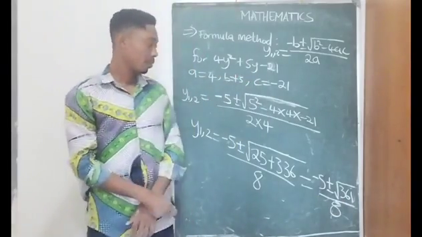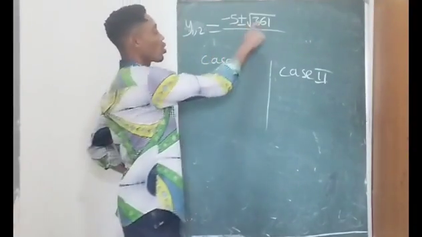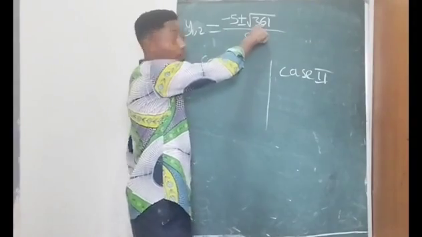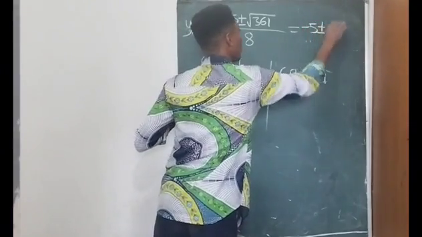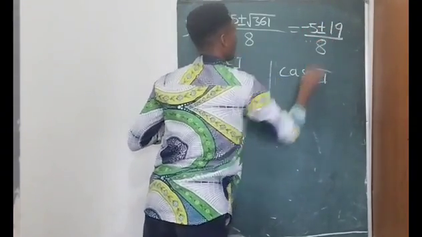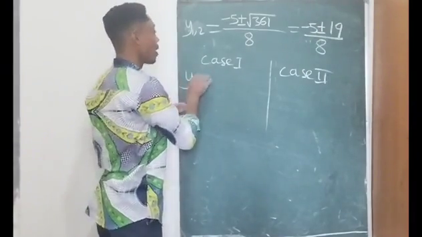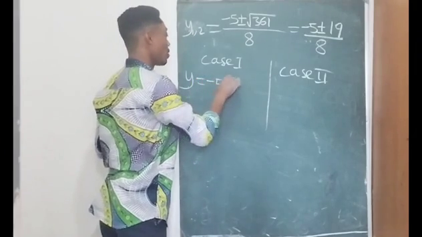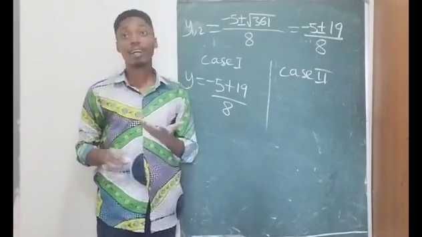From there, by simplification, the square root of 361 gives you 19. So this is minus 5 plus or minus 19 all over 8. In the first case, y equals minus 5 plus 19 all over 8.